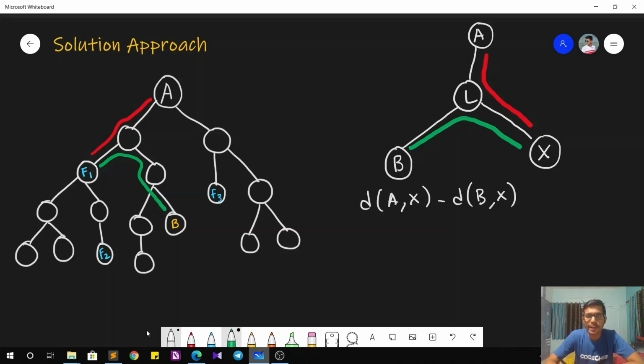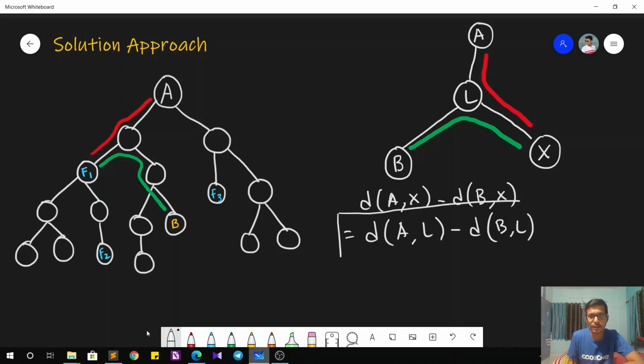If I have to redefine the expression dA,x minus dB,x in terms of L, then I can easily write it as dA,L minus dB,L, because the common distance x,L is cancelled out. So the new expression that we have is dA,L minus dB,L, where L is some ancestor of B which has X in its subtree.